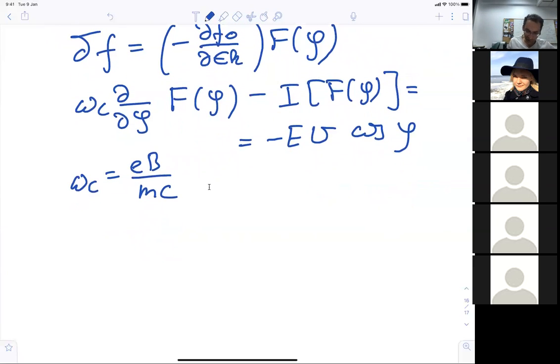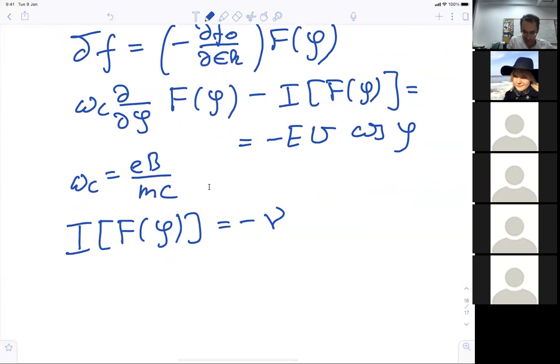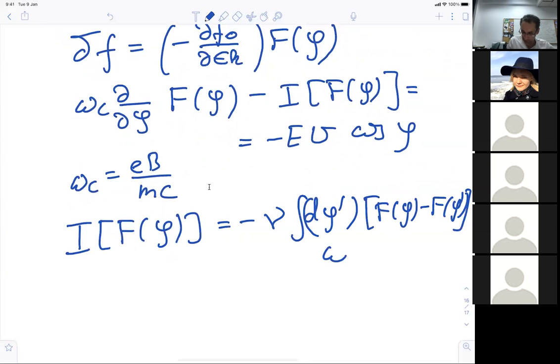And the collision integral acts on the function f of phi the same way it was defined before: integral over d phi prime of f of phi minus f of phi prime with some kernel that is completely determined by scatterings.